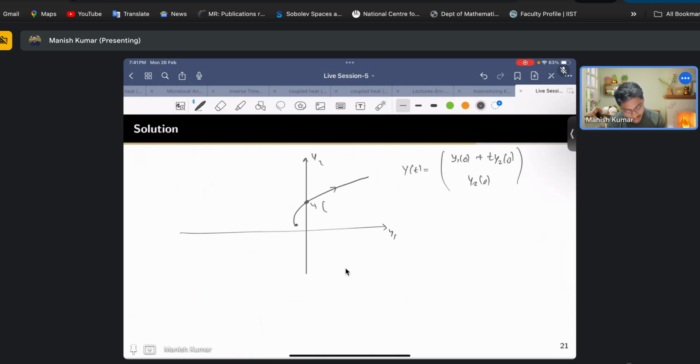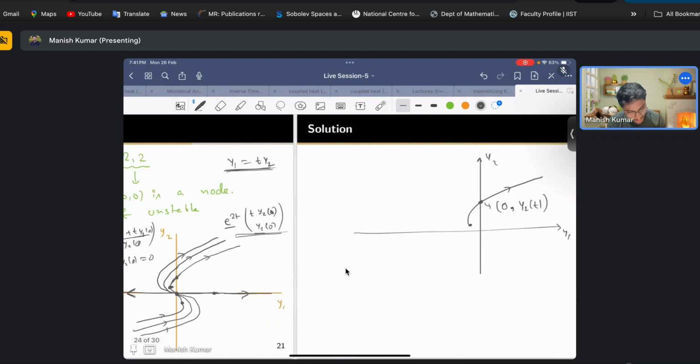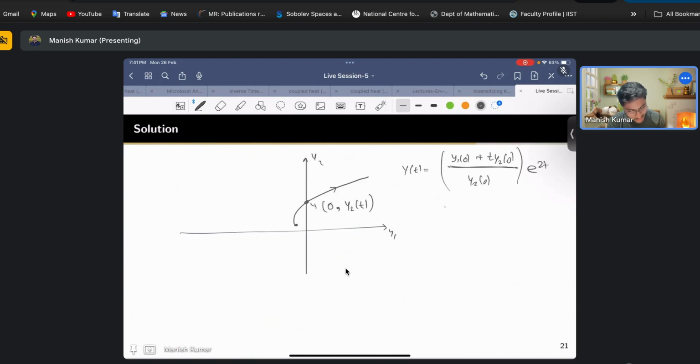This is like 0 comma some y2(t), that means this component is becoming 0, correct? So e^(2t) is also here. If you want to equate y10 plus t y20 to 0, let us see if it is true or not. t is equal to minus y10 over y20.